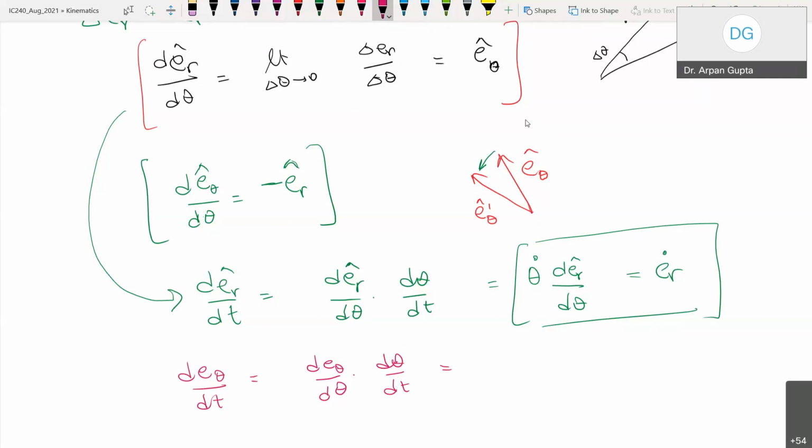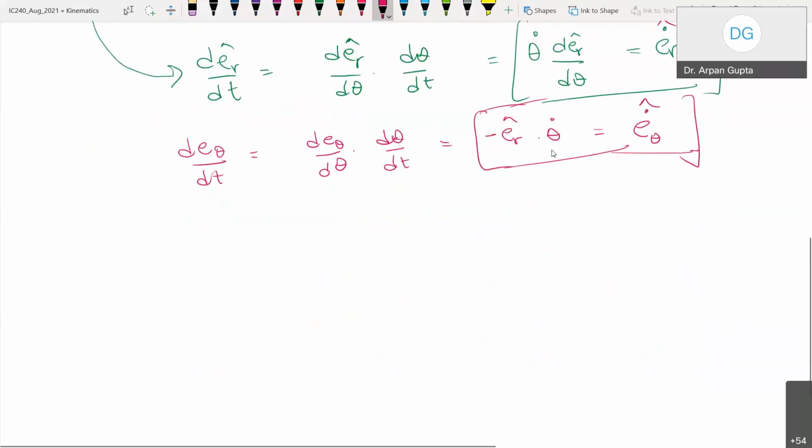So this will be minus e_r cap times theta dot. So this is your e theta dot. Of course, we can put a cap here, that's okay. So these are two important relations which will be used now.